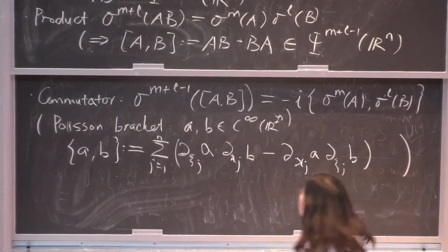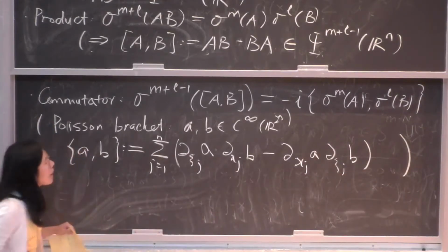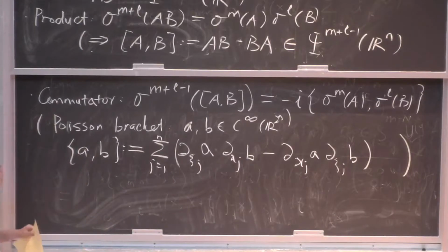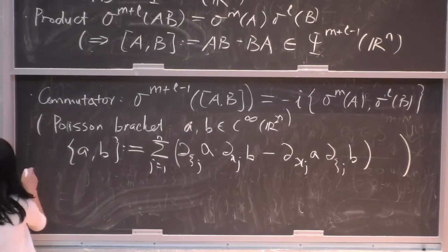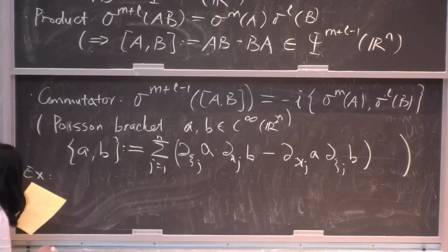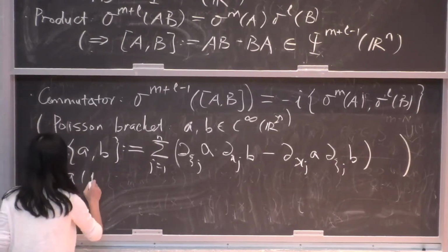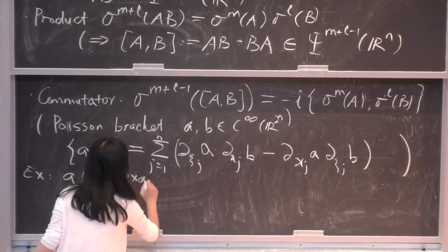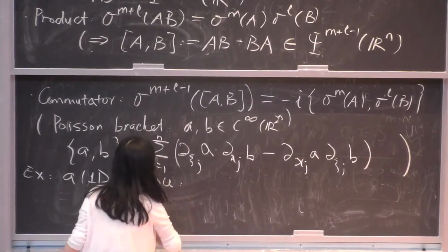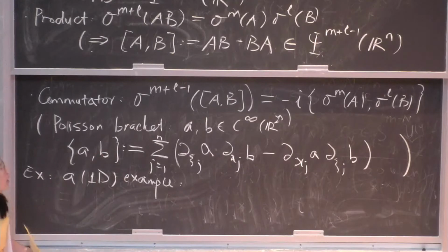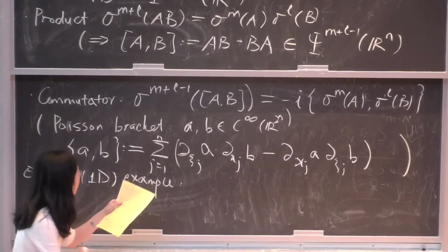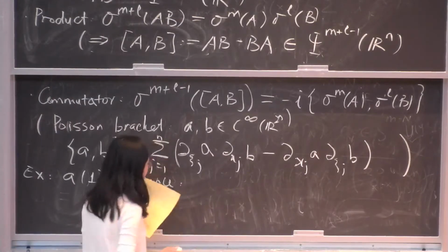Now if you haven't seen this before, it might look a bit mysterious, so let me do one example quickly. First of all, this is a 1D example, and it's not quite legitimate in the sense that the operator I'm going to use is actually unbounded. But it's a good example, at least for simple computation.